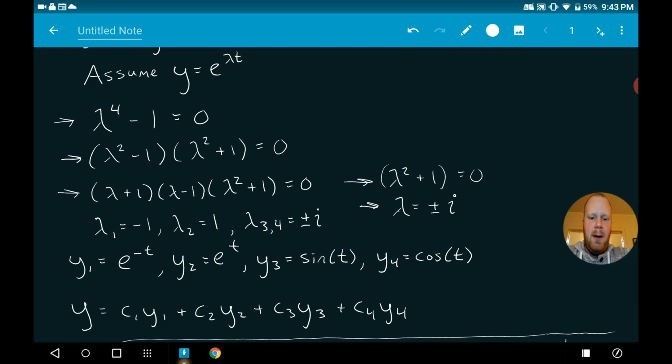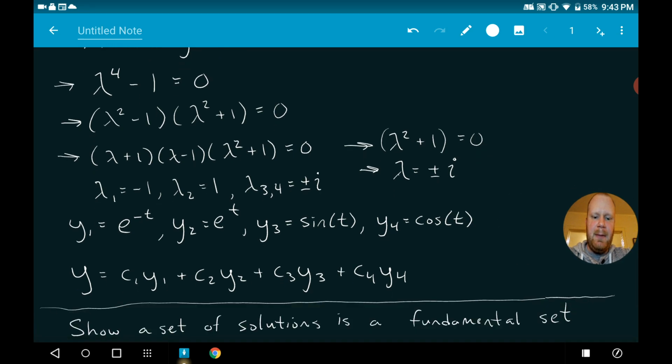Now, there's one other piece that I'd like you to know about higher order differential equations, other than being able to solve these ones if they're relatively easy to factor, and that's determining if a set of solutions is a fundamental set of solutions.